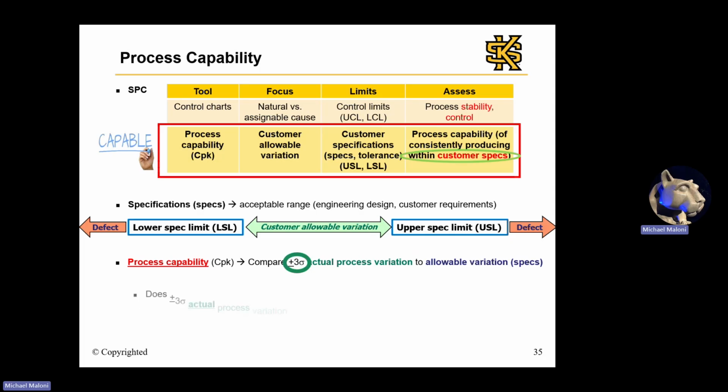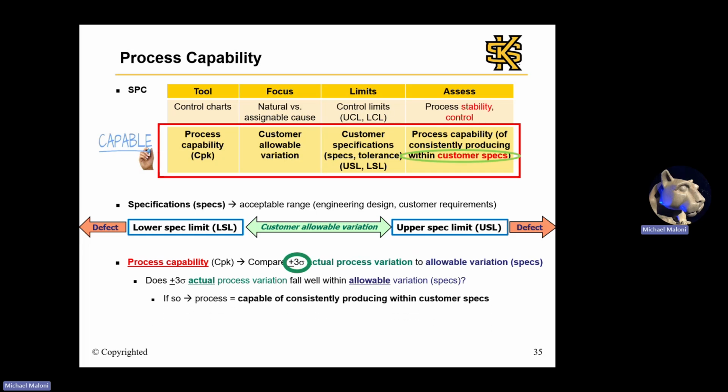If plus and minus 3 sigma of actual process variation falls within customer specs, then our process is capable of consistently producing within customer specs. Another way to say that is actual process variation will consistently fall within customer specs.